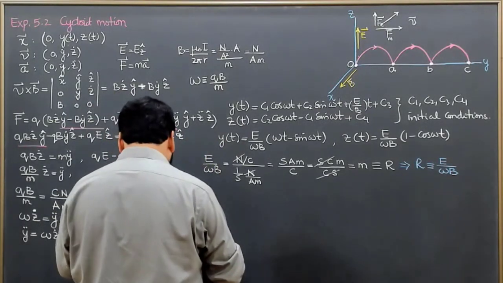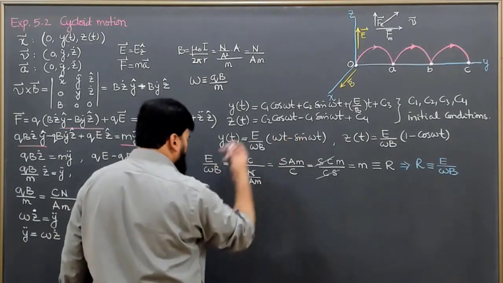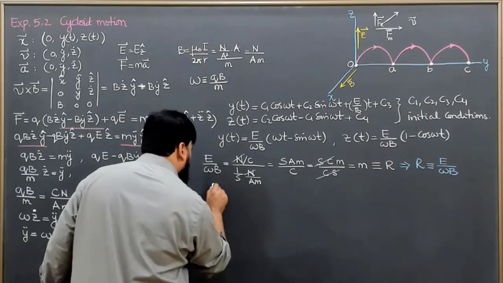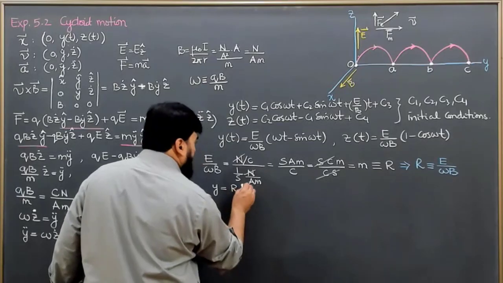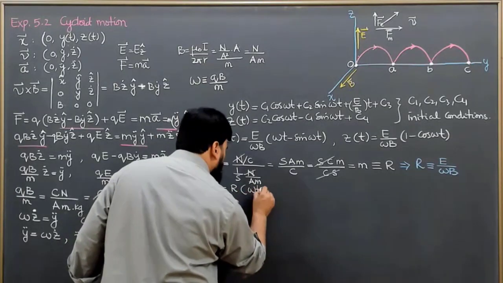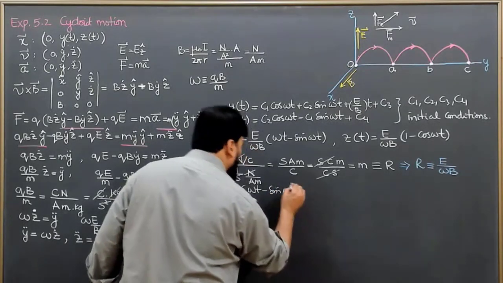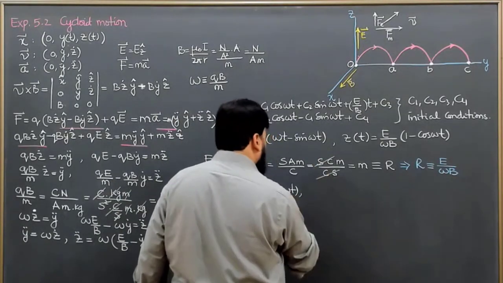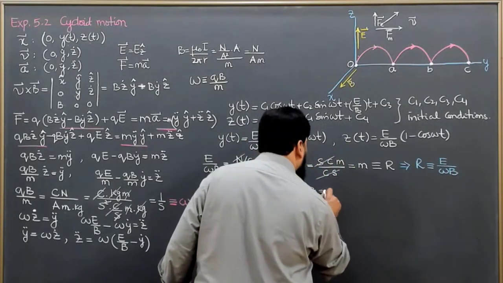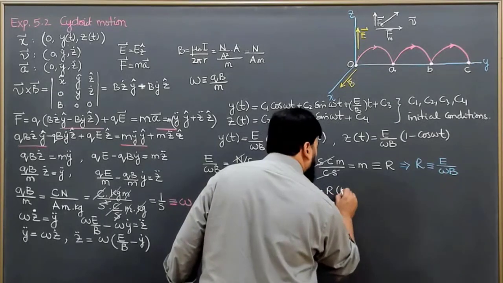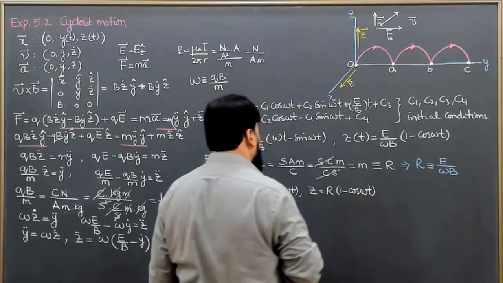Now I need not write y of t or z of t, I can write y is equal to r times omega t minus sine omega t, and z is equal to r times 1 minus cos omega t.